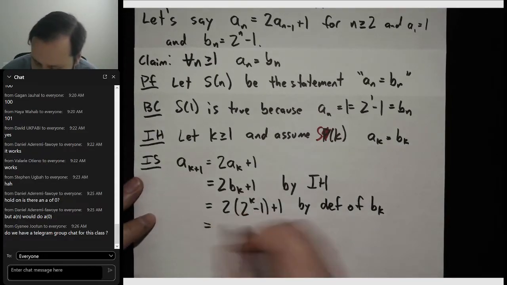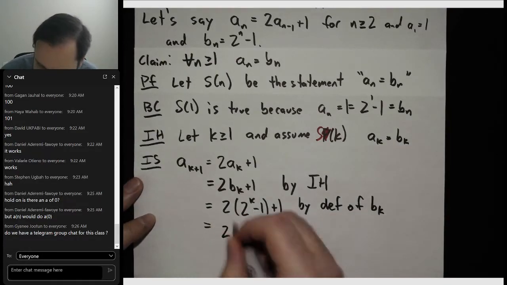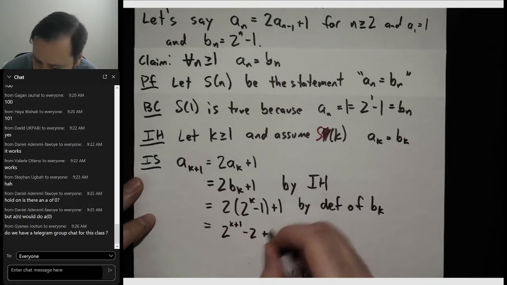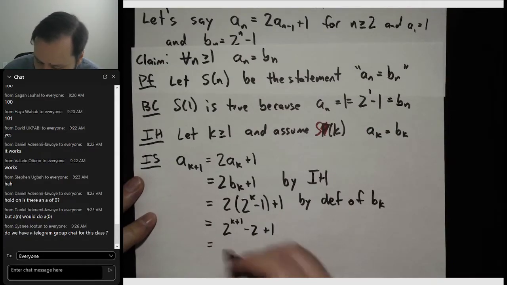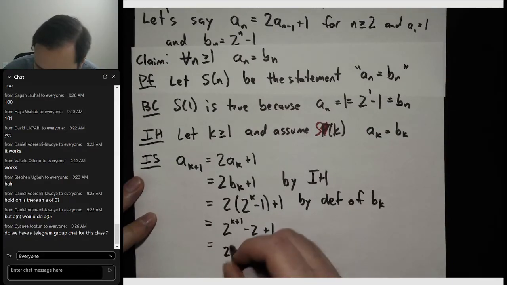So now I can go ahead and multiply through. 2 times 2 to the k is 2 to the k plus 1, minus 2 plus 1. Get the minus 2 by distributing, and this comes out to be 2 to the k plus 1 minus 1.